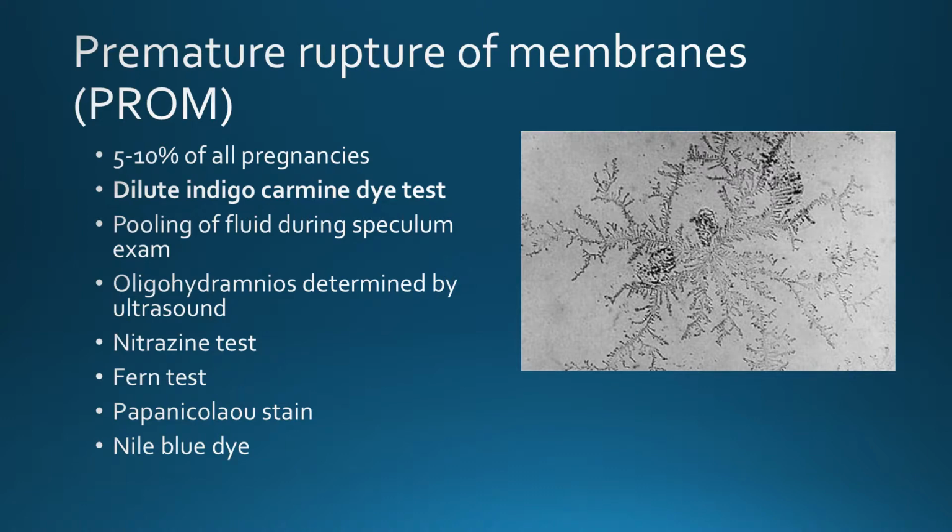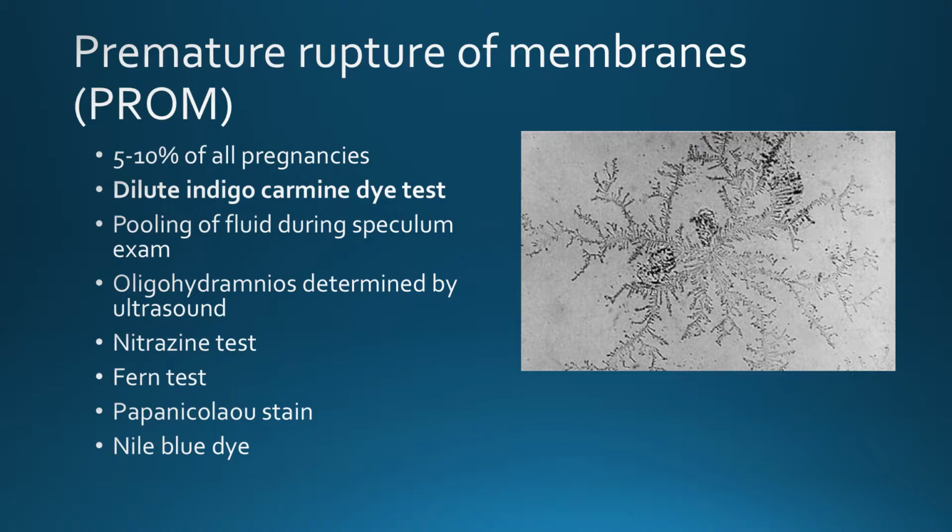The problem with this gold standard test is that it's very invasive because you have to do amniocentesis to do this. So other tests have been developed in order to try and diagnose PROM without actually using amniocentesis. And those have to be compared to the dilute indigo carmine test in order to be validated.